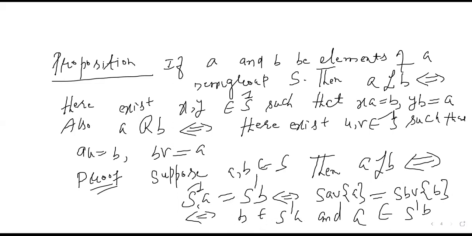Or you can say that if and only if B is a member of S1A, so B has to be of the form XA for some X in S1, and A is a member of S1B means A has to be of the form YB, where Y is in S1.